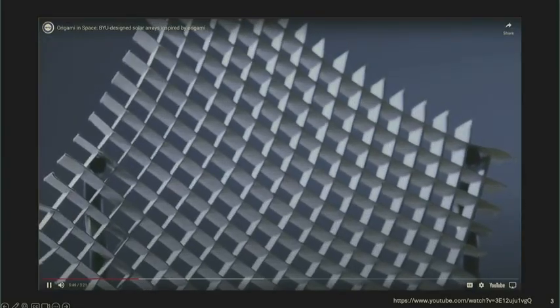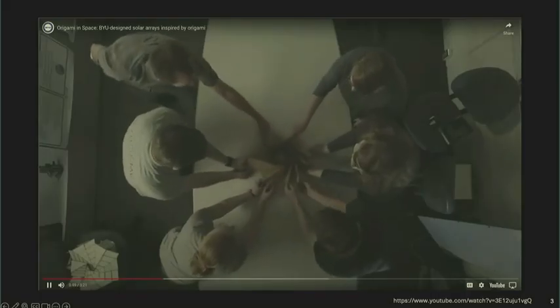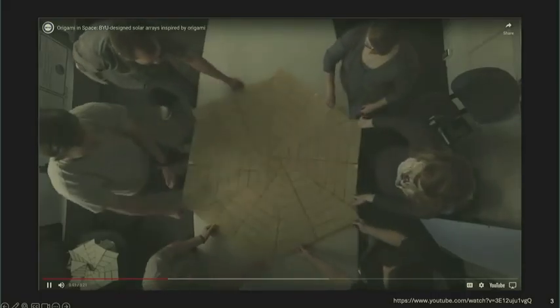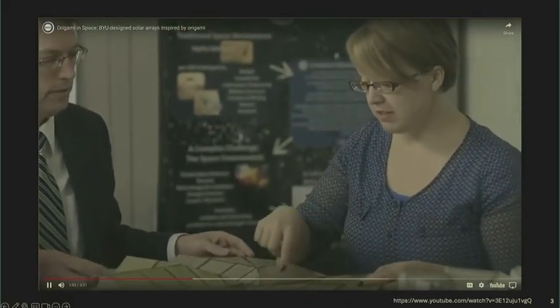Origami helps inspire new ways of looking at the space. The panel hanging behind, the scale prototype.